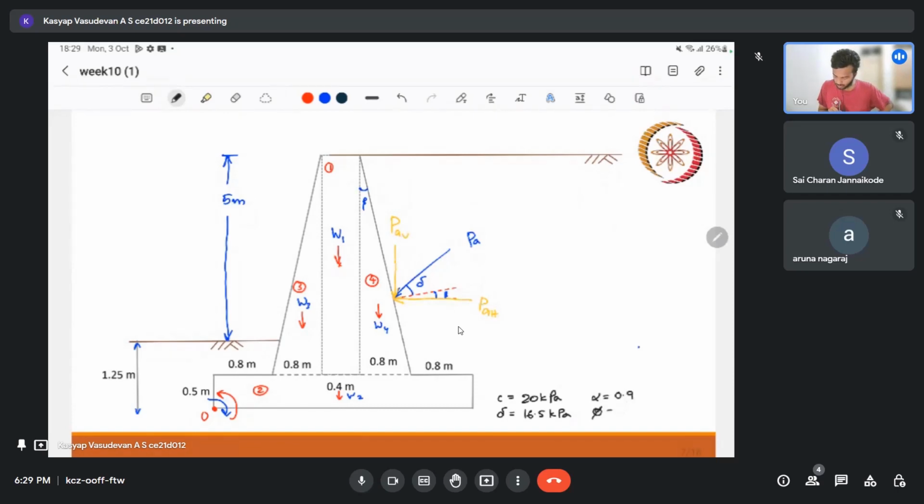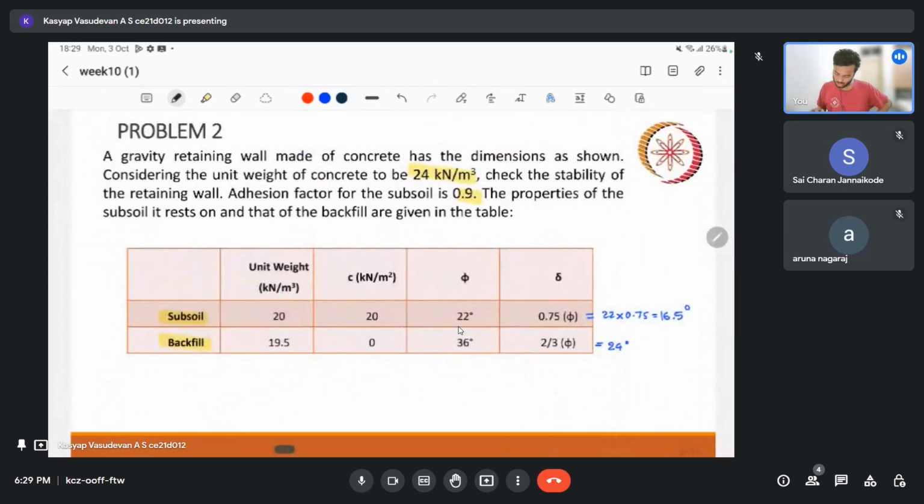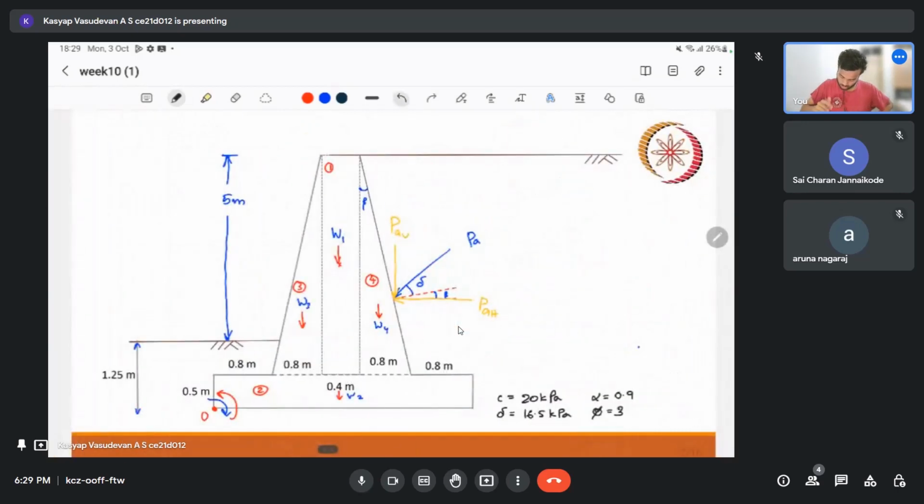Phi value is equal to 36? Is it 36? Sorry, 22. So 22 degrees, and gamma is equal to 20 kilonewton per meter cube.